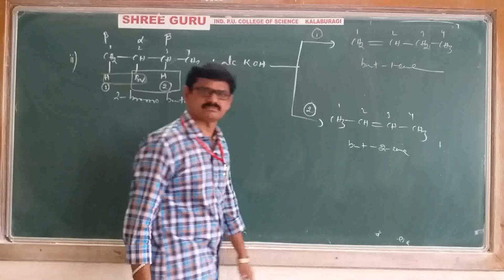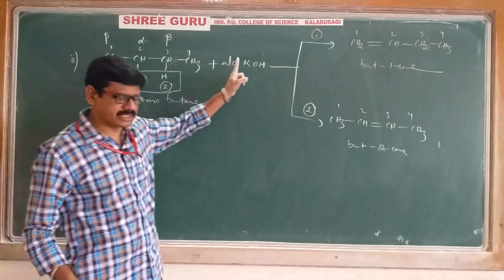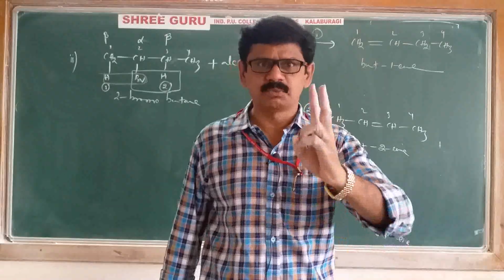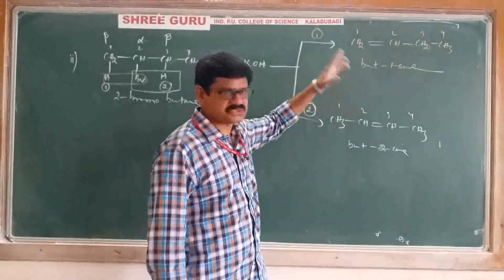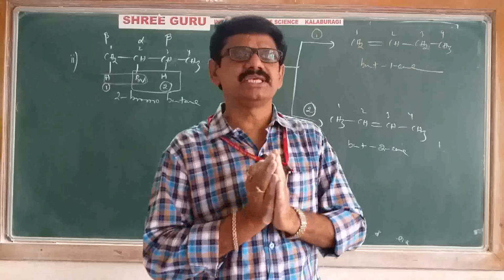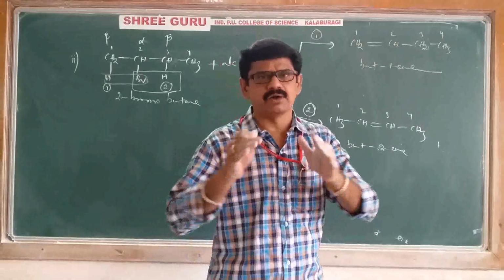That's it. But-2-ene means in the case of 2-bromobutane, when it is undergoing dehydrohalogenation, we are getting 2 possible products, 2 possible alkenes. Of course, it is an alkene, it is also an alkene, no doubt. But the question is, out of 2, which is the major alkene and which is the minor alkene, now we have to decide.